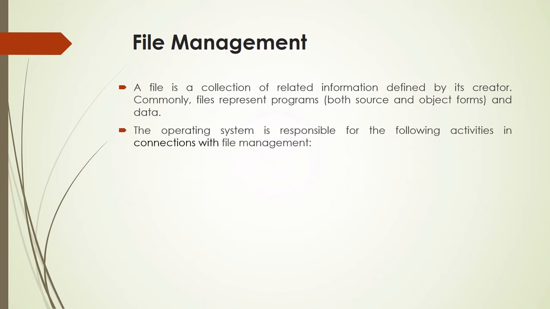The operating system is responsible for the following activities in connection with file management. If you consider Windows or Linux operating system, you can just right click and create a file. You can select the file, you can delete the file. So that is one operation. Similar operations can be done for directory creation and deletion.